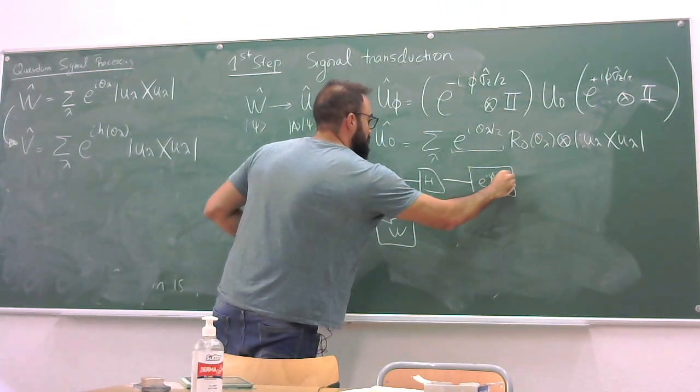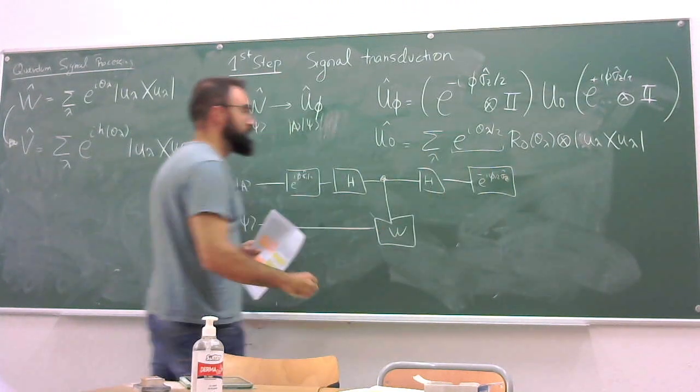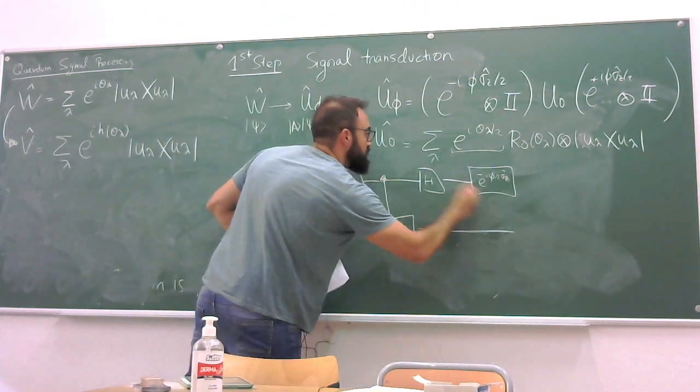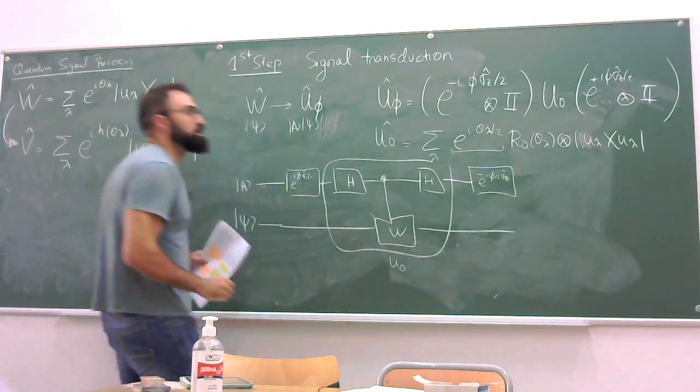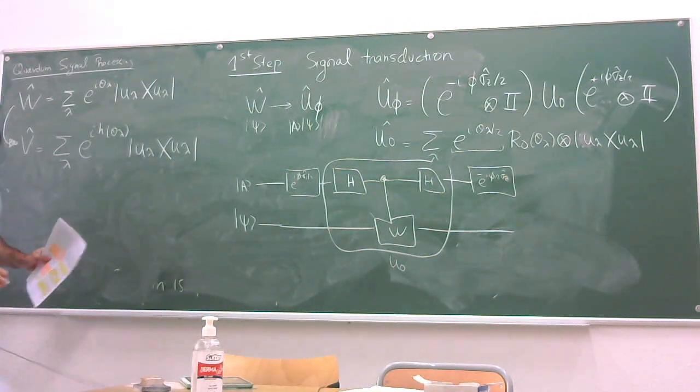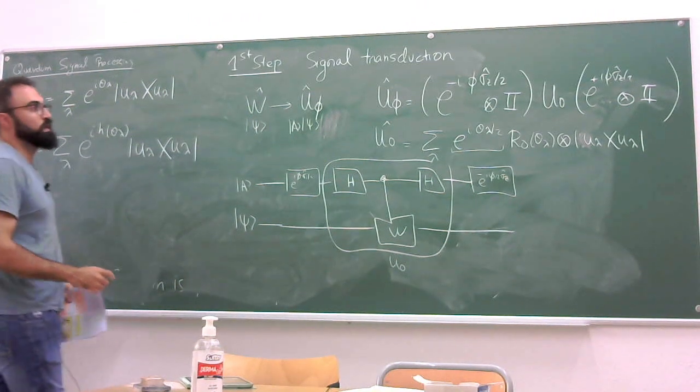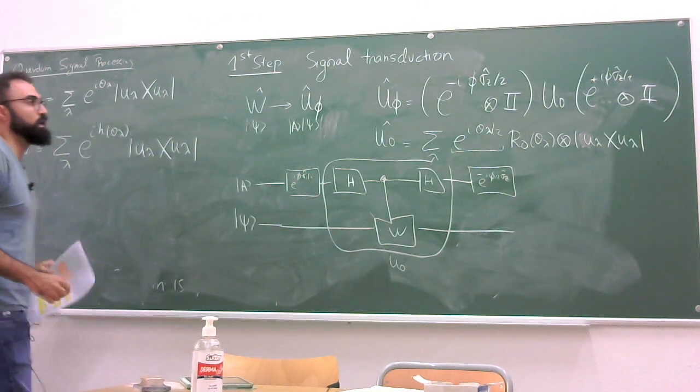No, this is minus, okay. So basically, this here implements U0, and the other two are added to calculate U5.